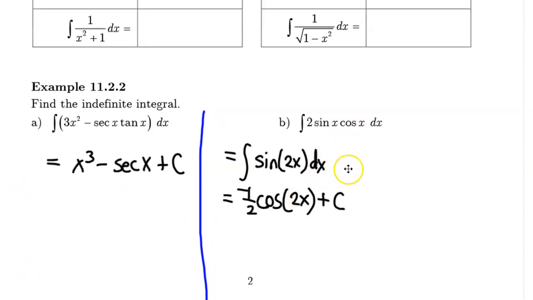Okay, so we can do this as well, where we look at the 2 sine cos x and think to ourselves, maybe we can do this. This would be more of an inspection method, so I'll put an or there.